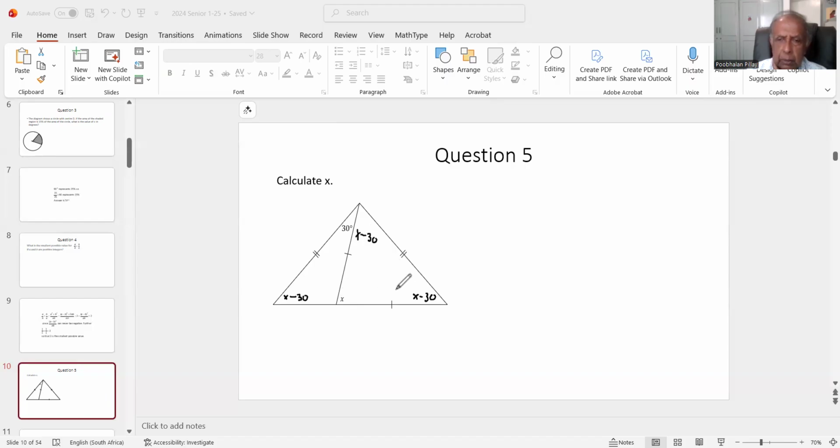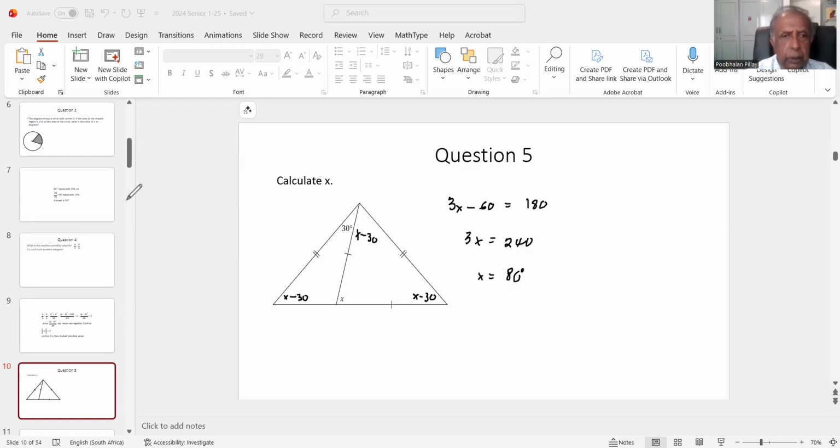Now you got the three angles of a triangle. They all add up to 180 degrees. So x occurs 3 times: 3x minus 60 is 180. Therefore, 3x is 240 and x is 80 degrees. Right, that is very much faster.